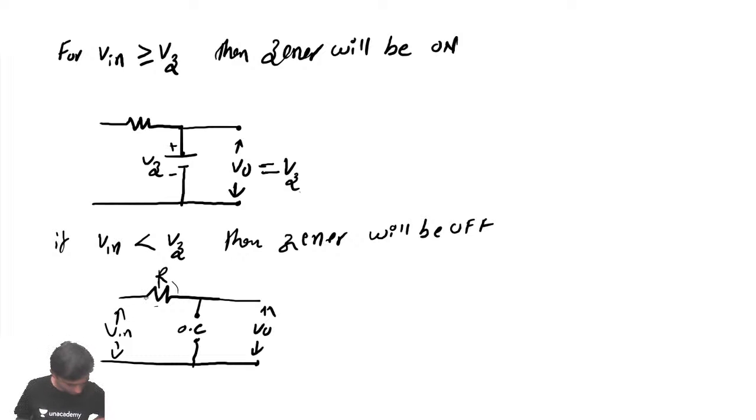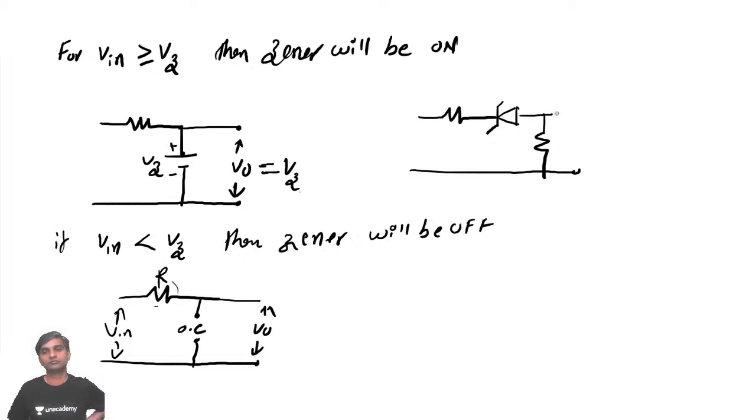Now, why does the Zener diode not act as a regulator when it is connected in series? You are talking about this, right?